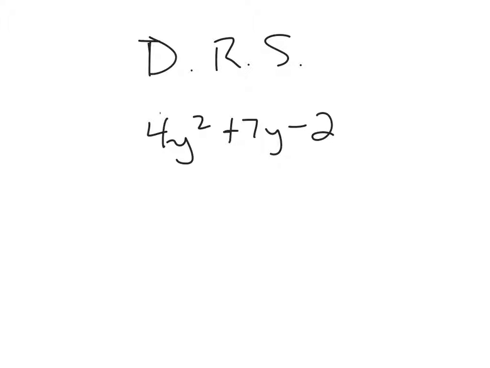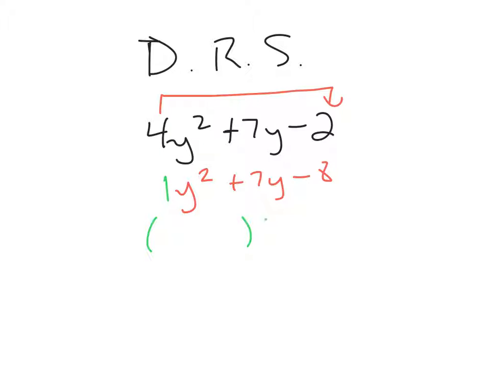The first thing you do is take this a, bring it to the back, and rewrite it: y squared plus 7y, and 4 times 2 is 8. Notice that leaves me with a leading coefficient of 1, and that's what I want, because now I can do a simple factoring. I need the factors of 8 that subtract to give 7, and we've already figured that out: 1 and 8. And remember, the largest number gets the positive sign, so positive 8 and a minus 1.